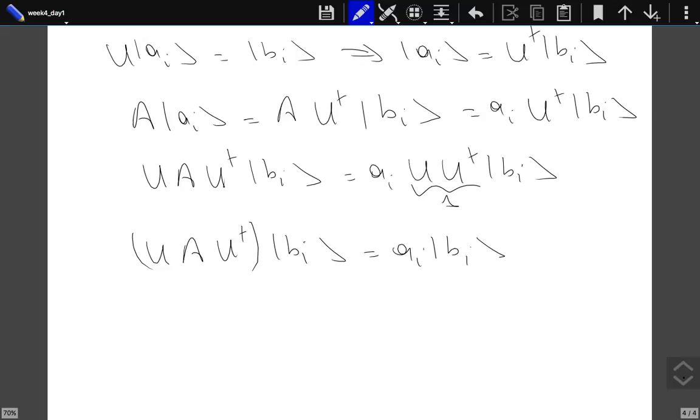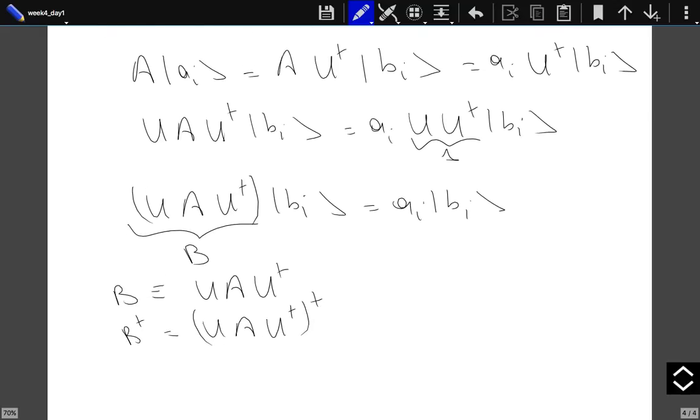So you see here, these BIs are different kets than the AIs, but we have an operator which is also unitary. If you just take, this is Hermitian. Let me call that B. B dagger is equal to U A U dagger.